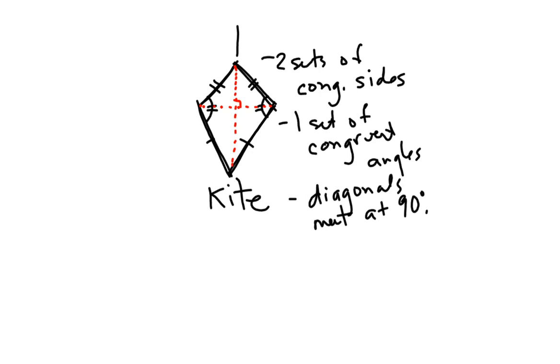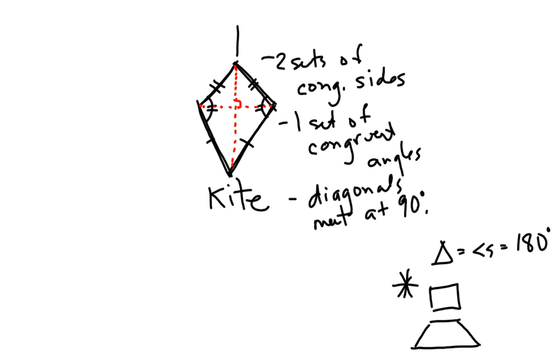And the little bit down in the bottom corner, in a triangle, angles equal 180 degrees. Well, in any quadrilateral, any type of quadrilateral, the angles equal 360 degrees. And that little bit of information will help us as we look at examples.